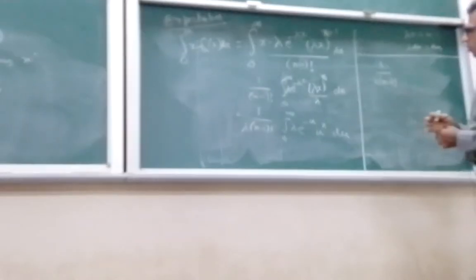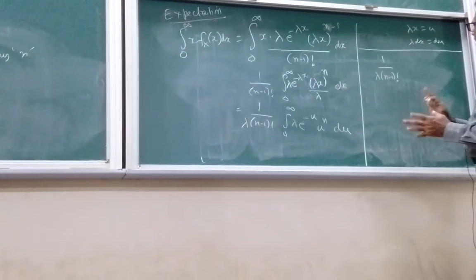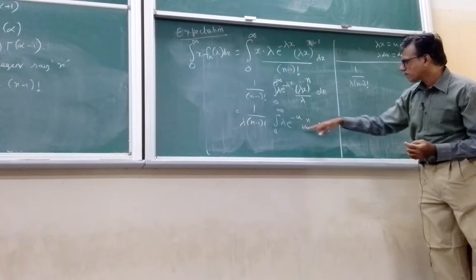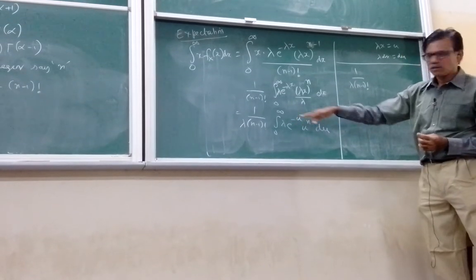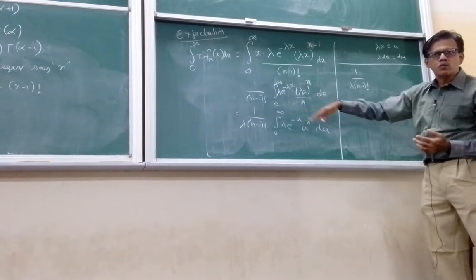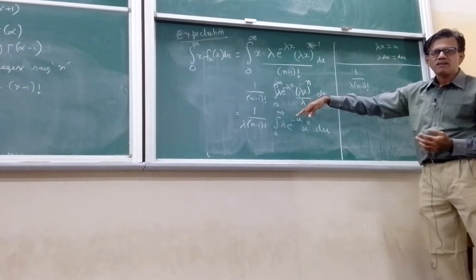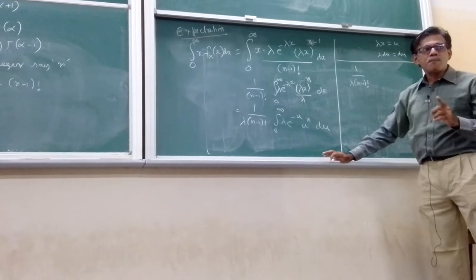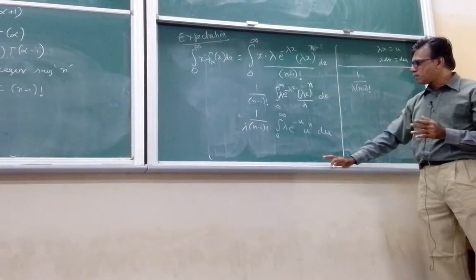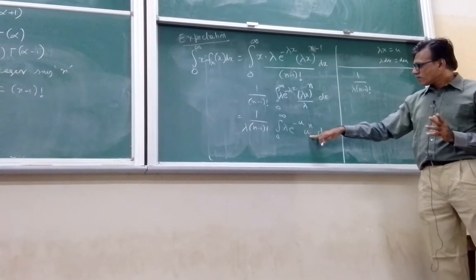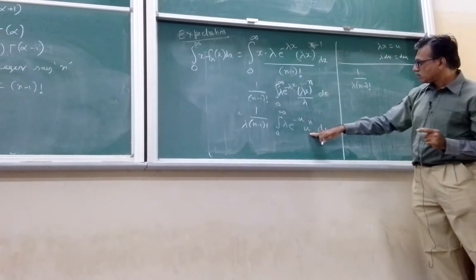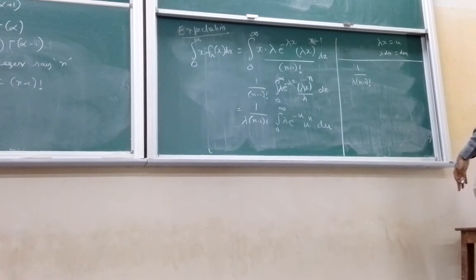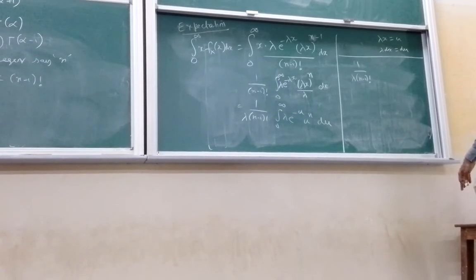We can even work with alpha itself, there is nothing wrong in that. So what is this one? If it is the gamma function, it means gamma of n plus 1, with u power n.